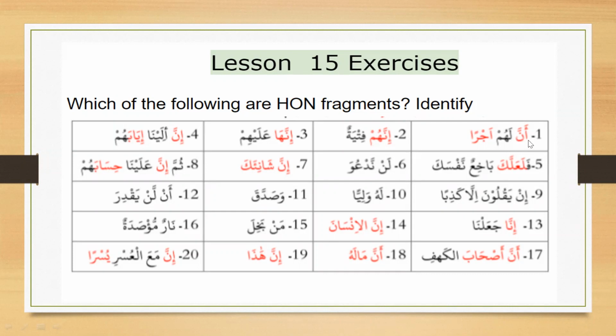And you can also see the ism of anna. Which is the ism of anna here in this sentence? Anna lahum ajran. Anna is harf; which is ism of anna? You can write.